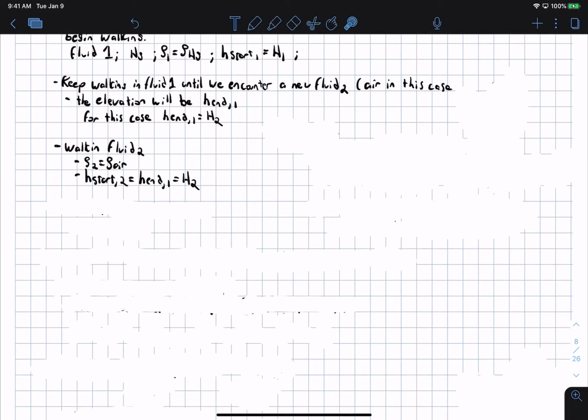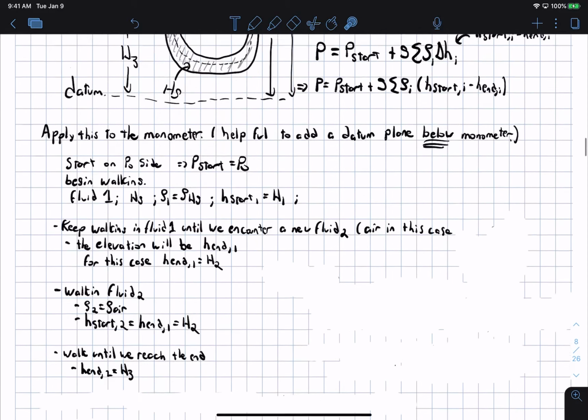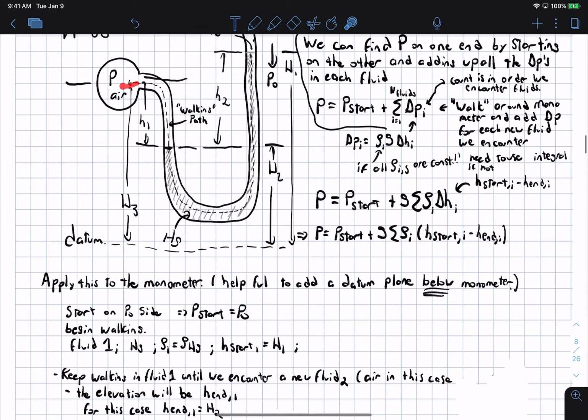And now I walk in the air until we reach the end. The elevation at the end of our second fluid is H3. So I'm going to scroll back up, and H3 is just this distance here.